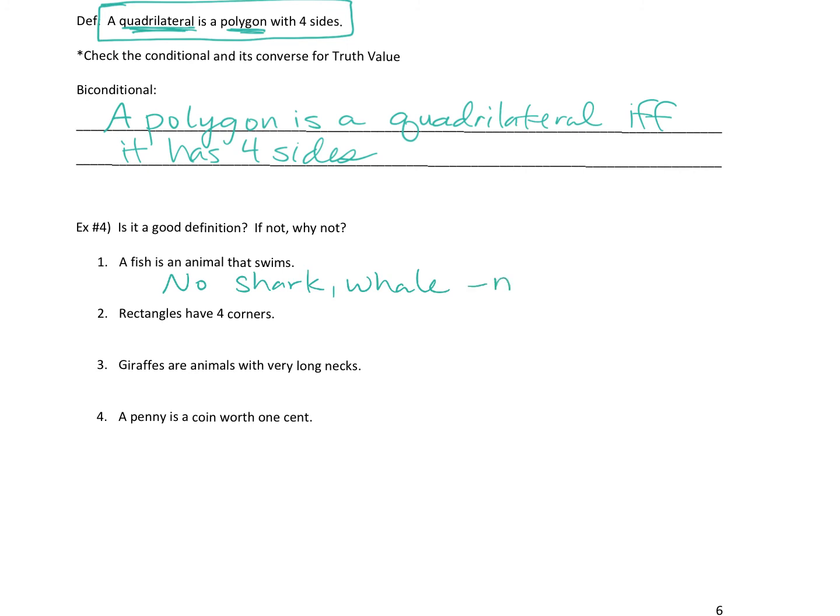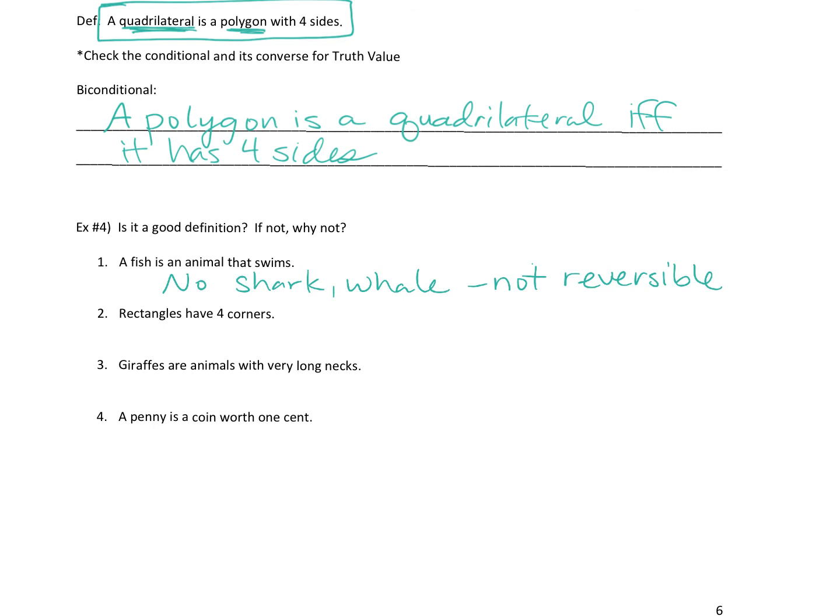We need it to be reversible if it's going to be a good definition. In other words, if I say, if an animal is a fish, then it swims. If an animal swims, then it is a fish. Those don't both work, right? So if it's not reversible, not a good definition.